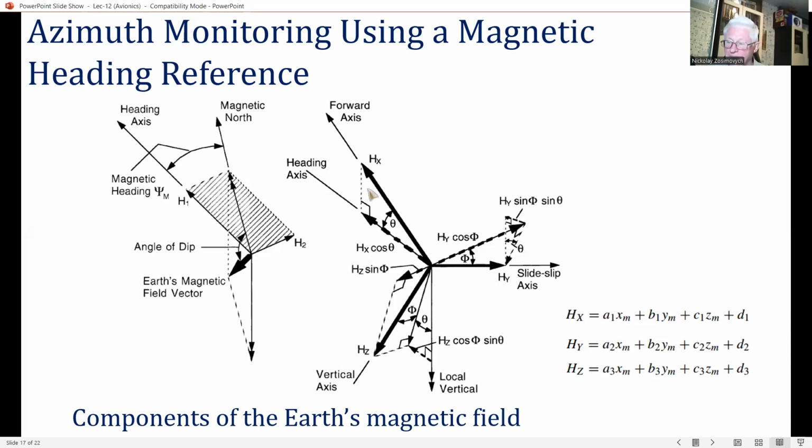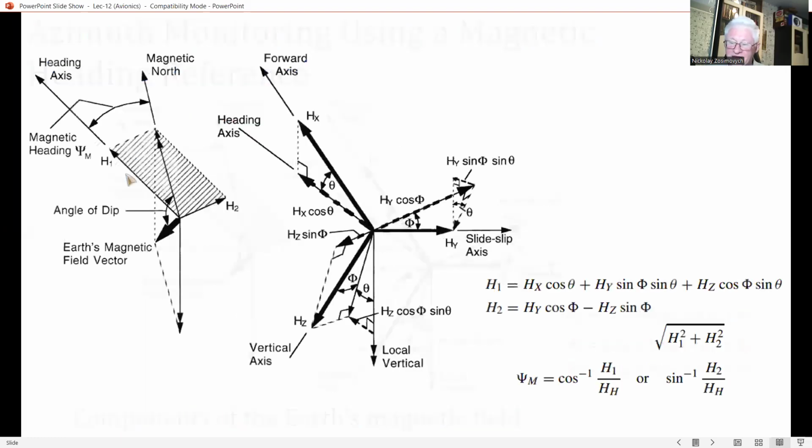Referring to this figure, the components of the Earth's magnetic field in the horizontal plane along the heading axis, namely H1, and at right angles to the heading axis, H2, are given by these two expressions. Generally, it's not a complicated expression, right?